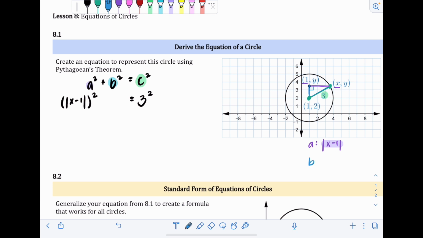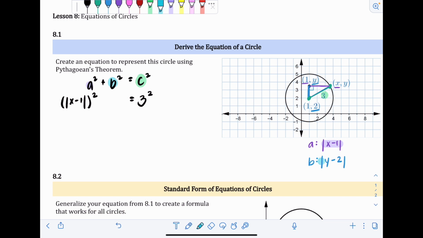So I'll say b is the absolute value of, so this top y coordinate is y, and then the lower y coordinate of that segment is 2. Oops, I underlined the wrong number, but y, and then the lower y coordinate is 2, so minus 2. So absolute value of y minus 2 is going to give us this distance right here.